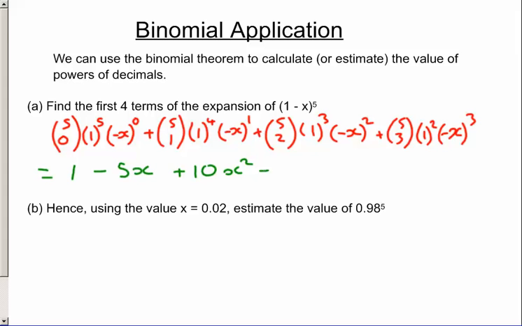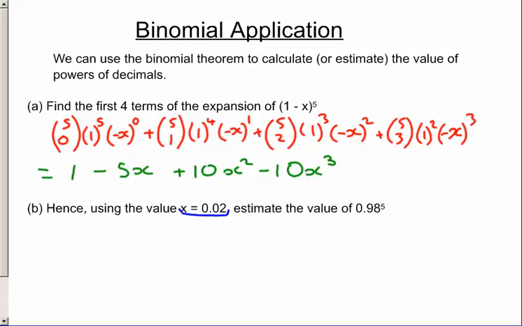So that's the expansion. And then in part B, it says hence, remember the word hence means we have to use the previous part, hence, using the value x equals 0.02, estimate the value of 0.98^5.